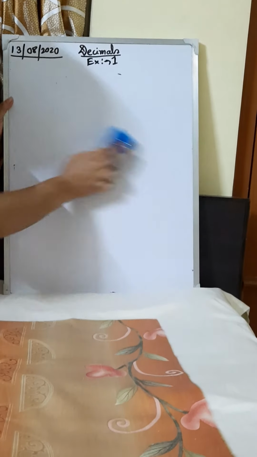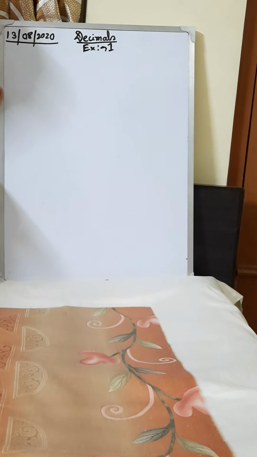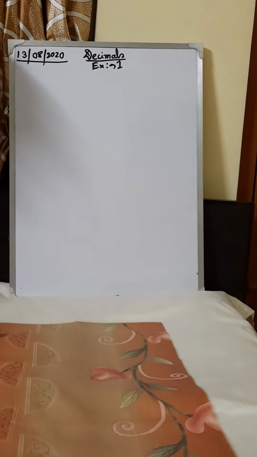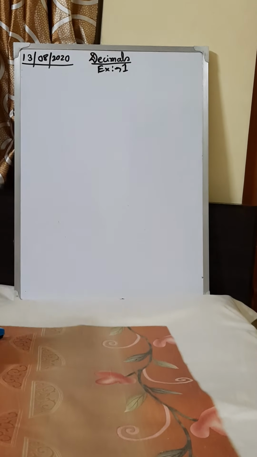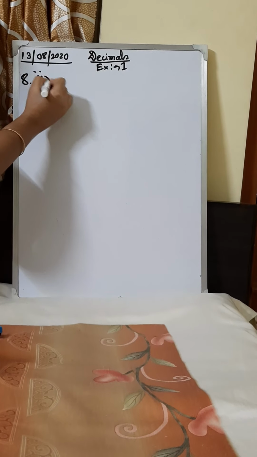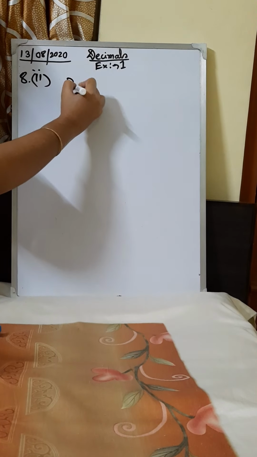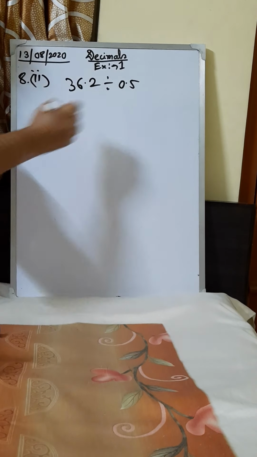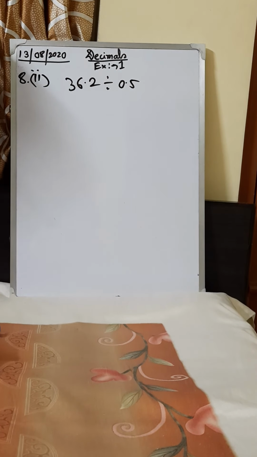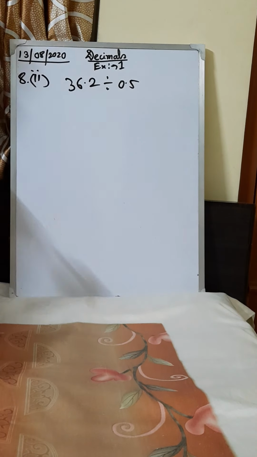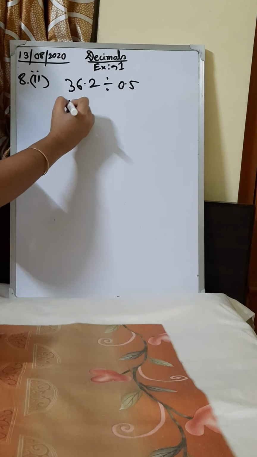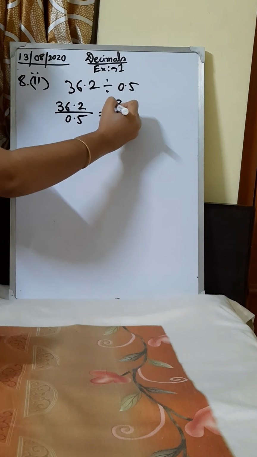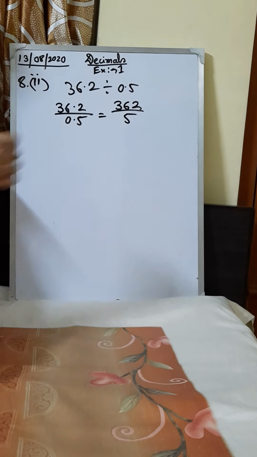Now question number 8. Question number 8 is given to evaluate the value for division. I'll show you question number 8, part 2: 36.2 is divided by 0.5. What I told you is that if the denominator is a decimal, we first convert the denominator into a natural number, like this.